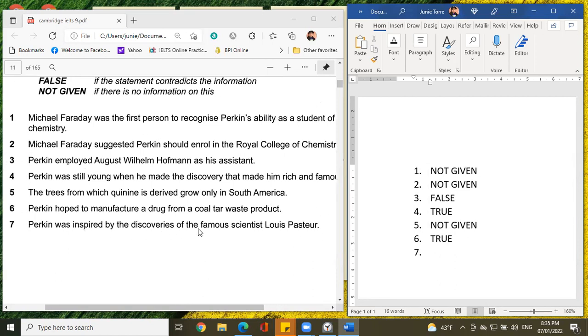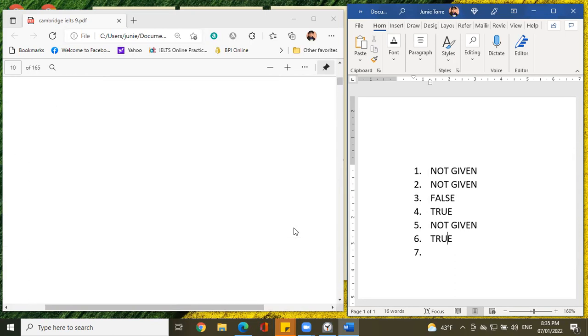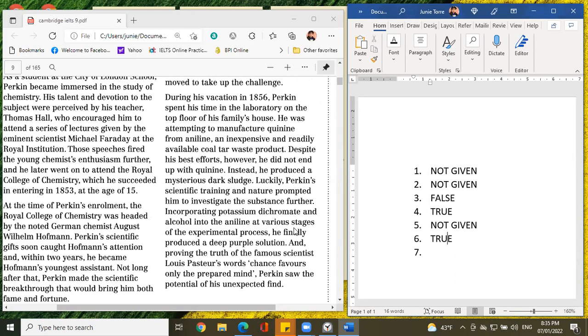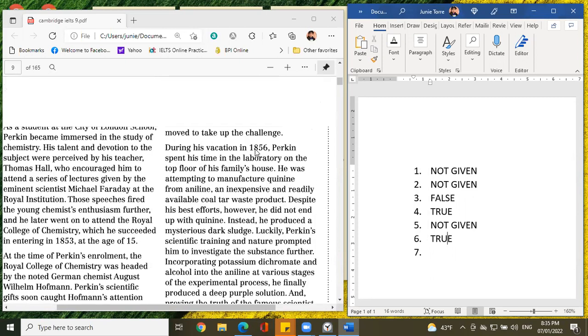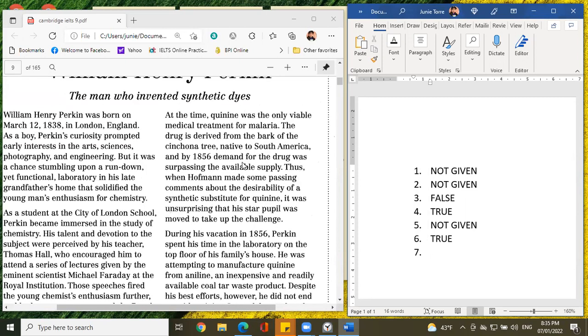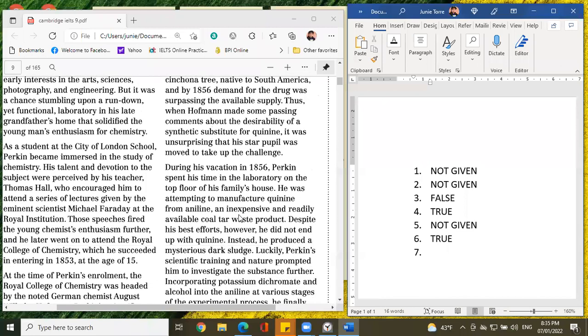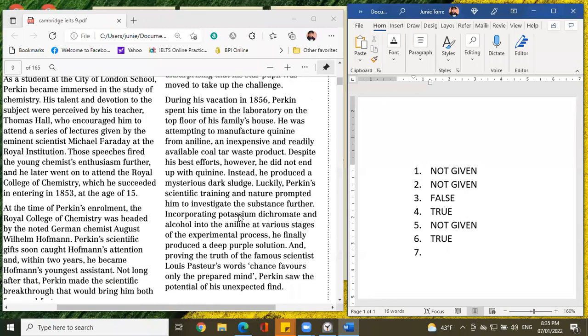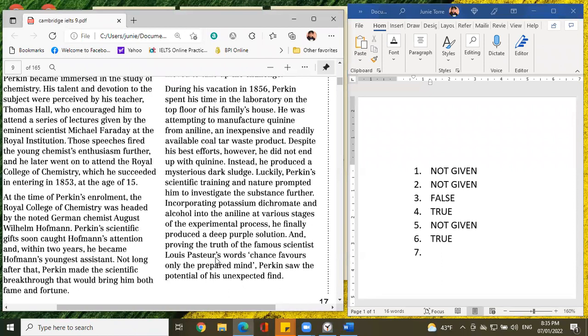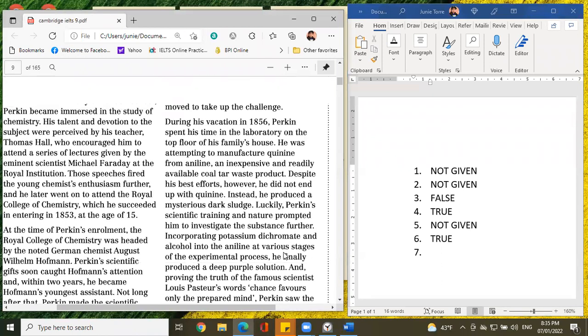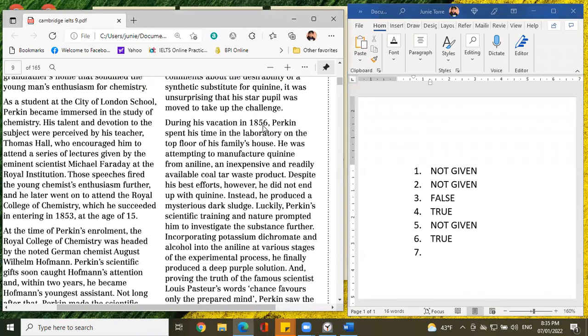Perkin was inspired by the discoveries of the famous scientist Louis Pasteur. Where is Pasteur? I cannot find. There's Louis Pasteur. "During his vacation in 1856, Perkin spent his time in the laboratory at the top floor of his family's house. He was attempting to manufacture quinine from aniline.